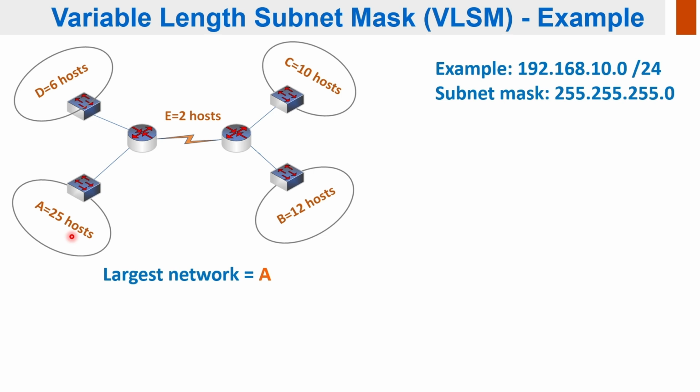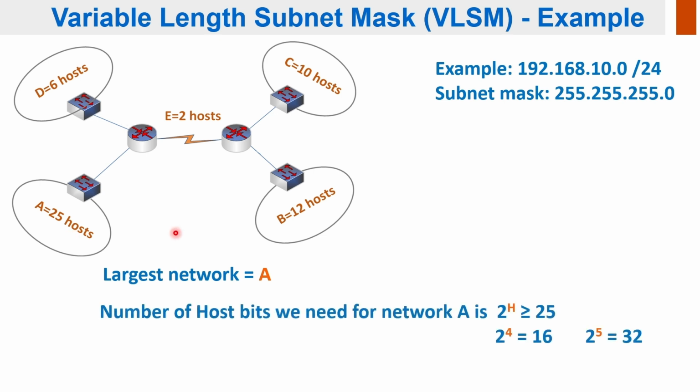So for 25 hosts, how many bits do we need? 2 to the power h should be greater than or equal to 25, right? 2 to the power 4 is 16 and 2 to the power 5 is 32. So 4 bits is not enough. We need 5 bits. Then we can have a network which is useful for the largest one.